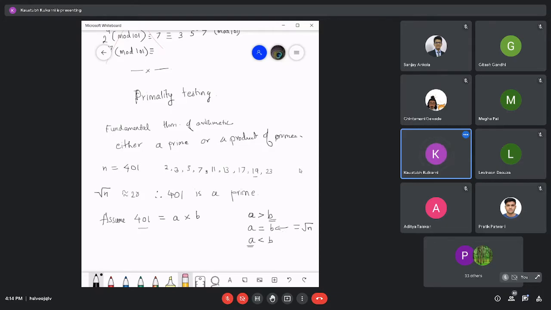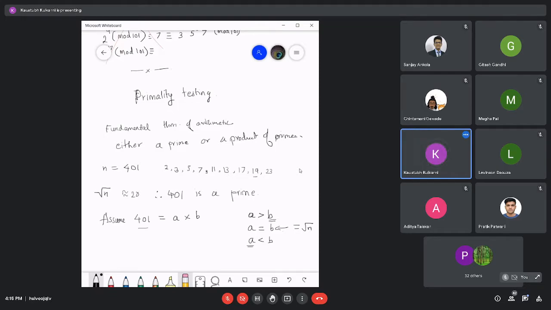A into B, any number if you have to express as A into B, if A is small, so let's say we were talking about 402. So if A is small, or take any number, you get the point, then B has to be greater to compensate and to give the same product. And if B is small, then A will be large, but the smaller one of the two. So if B is the smaller one, then it will be less than square root of n. If A is the smaller one, it will be less than square root of n.